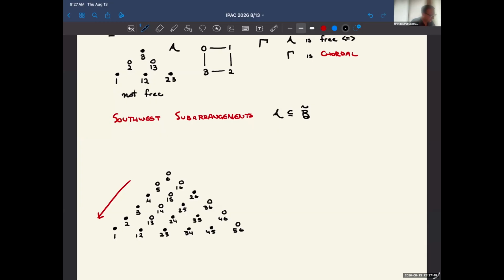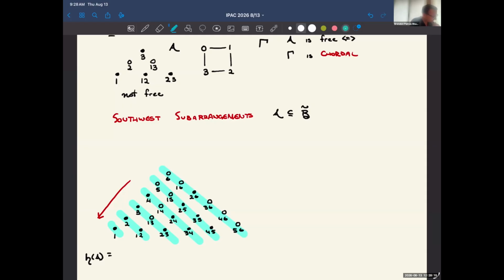And to a southwest arrangement, I am going to associate a sequence, which I should probably not call the H vector. It is the H sequence, although I might accidentally call it the H vector. And the idea of the H sequence is that we look at these Seattle to Miami diagonals like this in our arrangement.